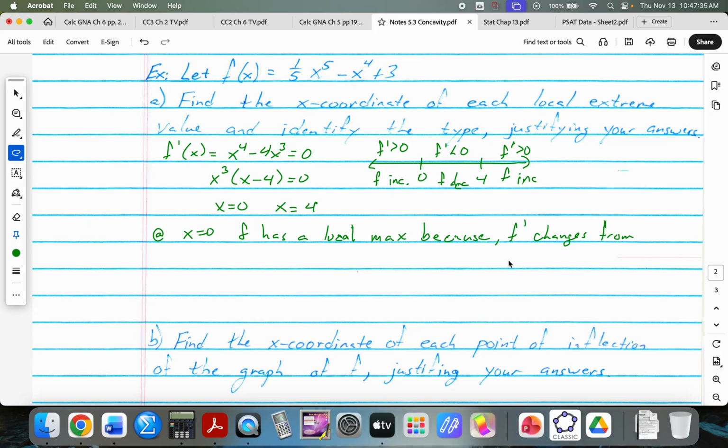And if you wanted to go on and clarify that, it's not a bad idea, but it's not required, so that f changes from increasing to decreasing.